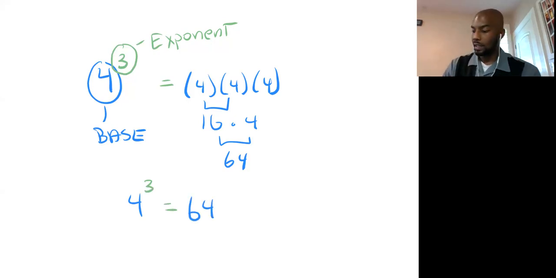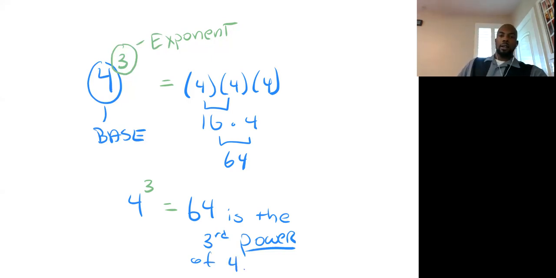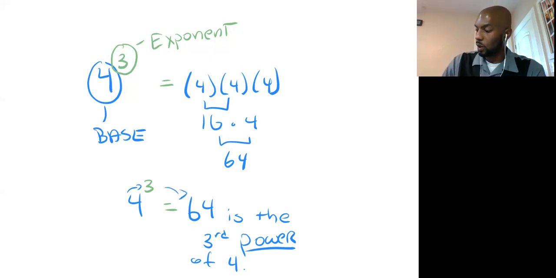Another way we could say that is 64 is the 3rd power of 4. So 64 is the third power of 4. 4 to the third power is 64. I'll show you one more example of that. If I said 5 to the second power is what?